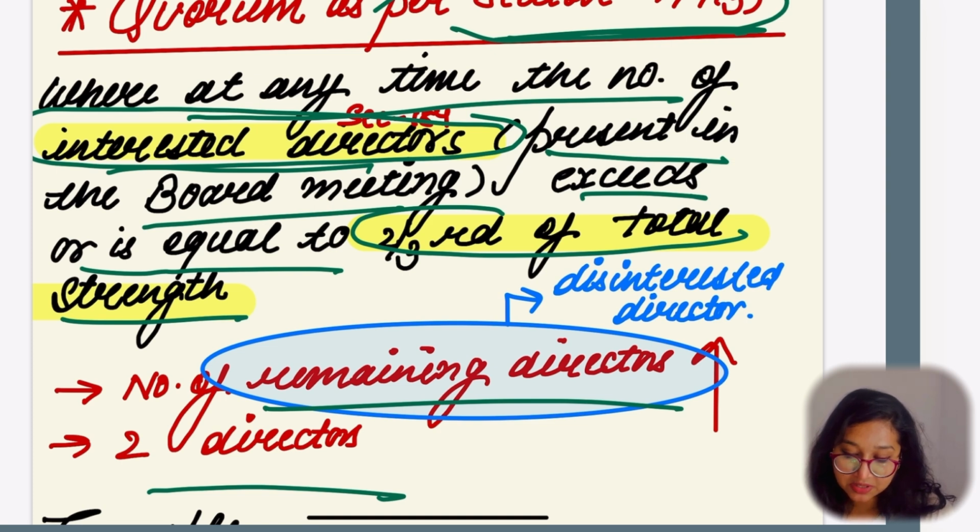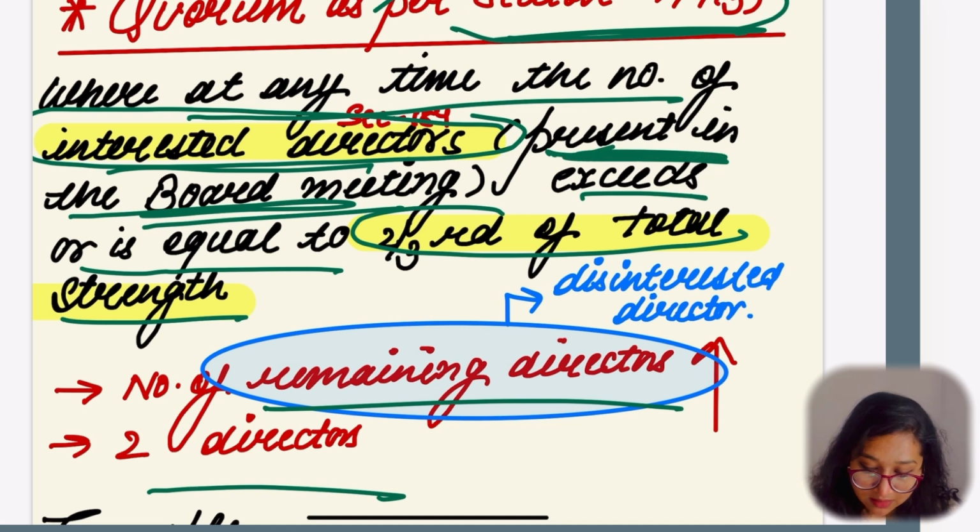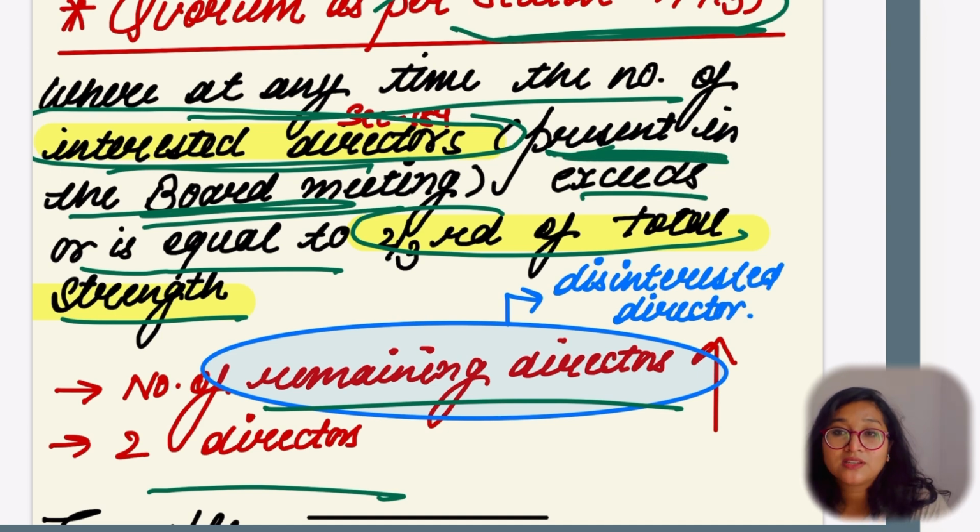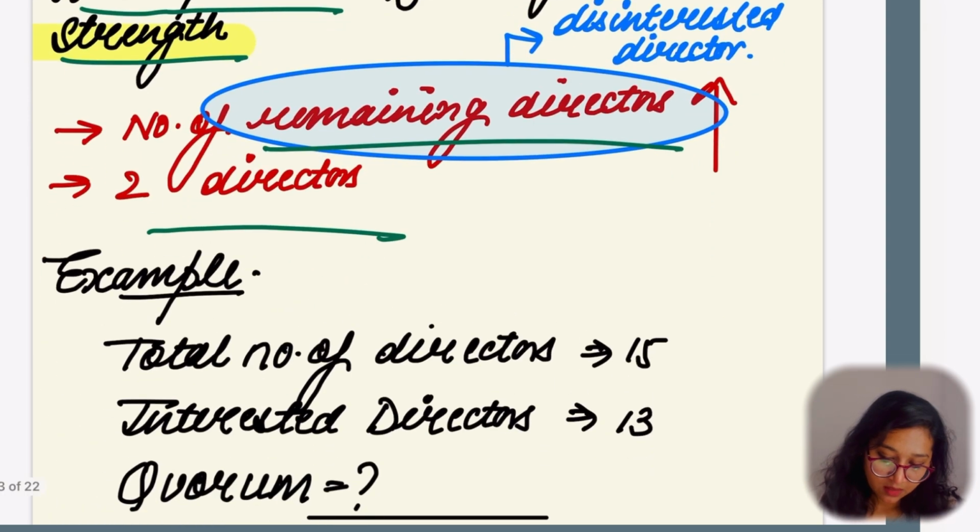Where at any time the number of interested directors present in the board meeting exceeds or is equal to 2/3 of total strength, in that case what is going to be the quorum of that meeting?